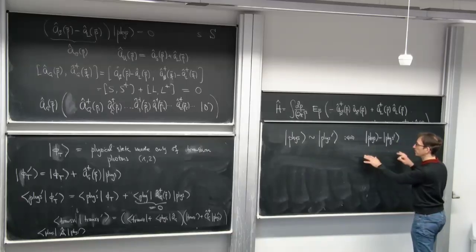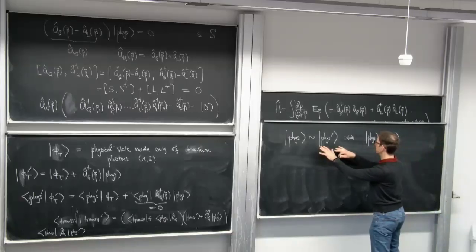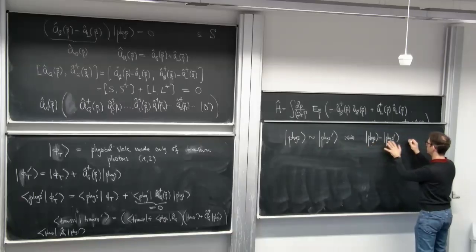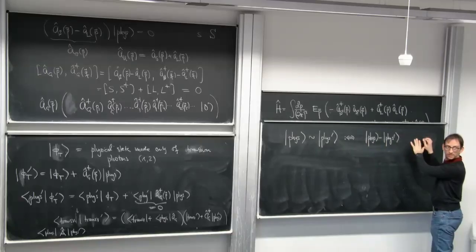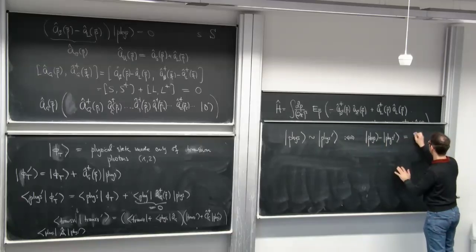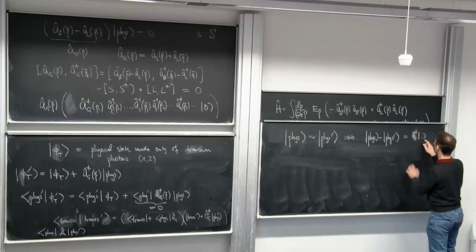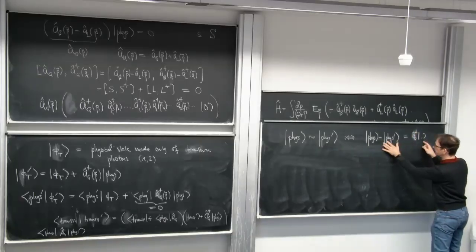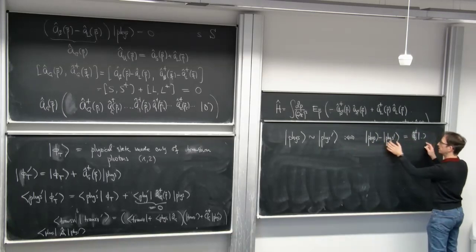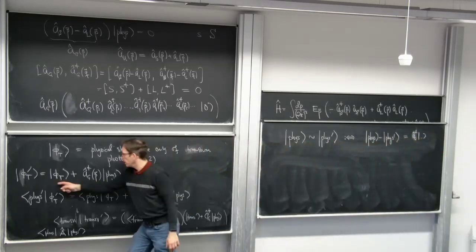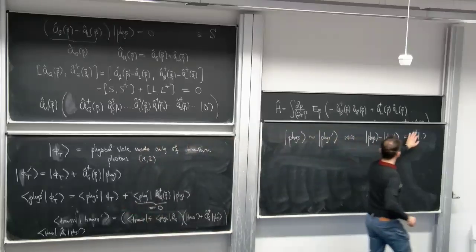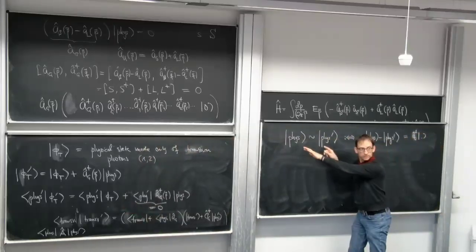If the difference is a G excitation thing, let me write it and delete it in a second, so don't copy. If this is a G excitation on something, bring this to the other side, so you have a physical state and the other one, and this is exactly this equation. And so you don't feel this extra part, and then you would say, okay, they are equivalent.